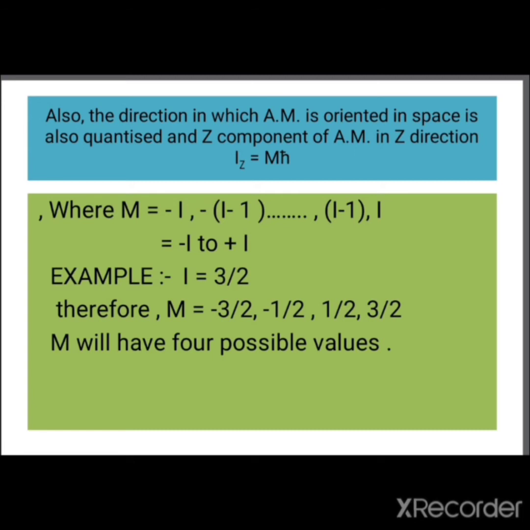Also, the direction in which angular momentum is oriented in space is quantized, and the z component of angular momentum is given by Iz equals capital M h cross, where capital M varies from minus I to plus I. For example, if I is equal to 3 by 2, meaning the nuclear spin is 3 by 2, then M will have 4 values: minus 3 by 2, minus 1 by 2, 1 by 2 and 3 by 2.